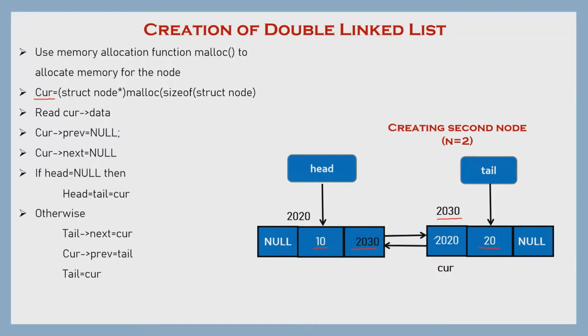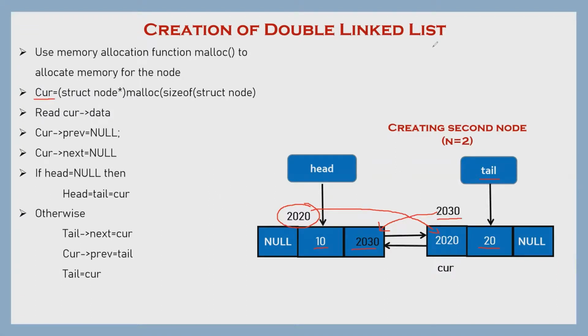So what is the value of this node? 2020. It is going to be stored here, and this is going to be stored here. So these are the two pointers we have created between the head and current node. Finally, the current node will become the tail.